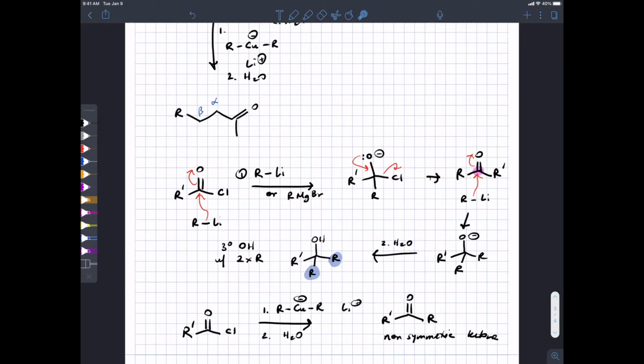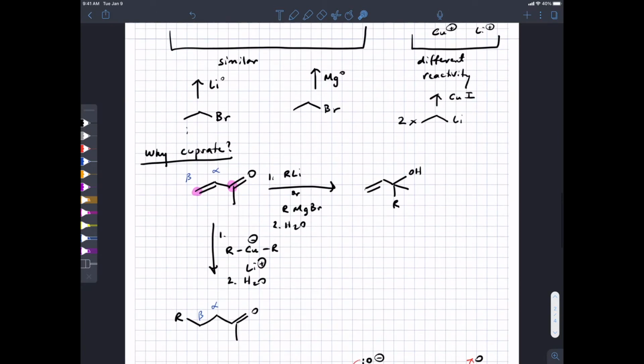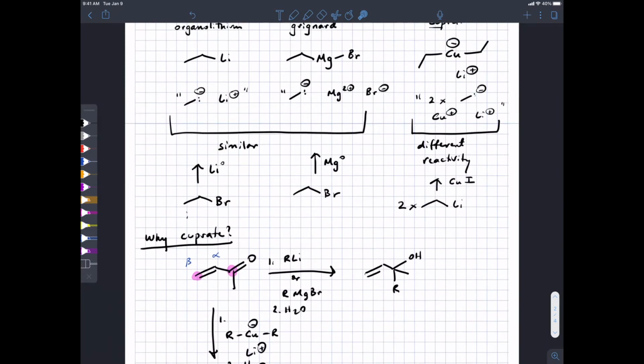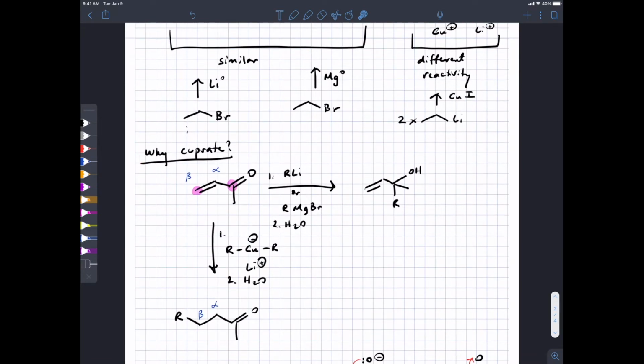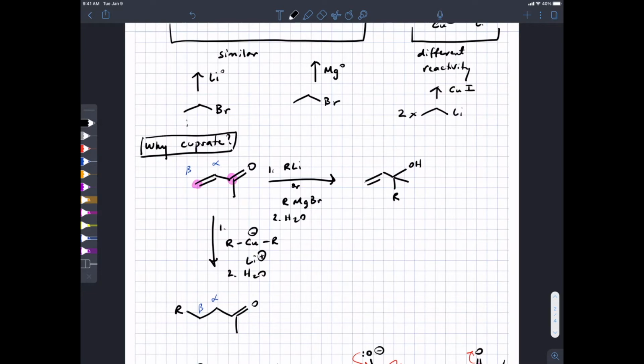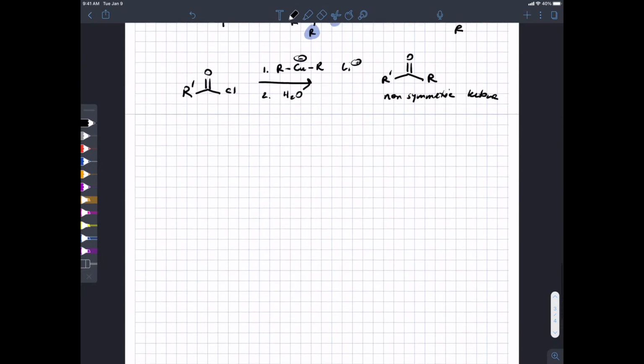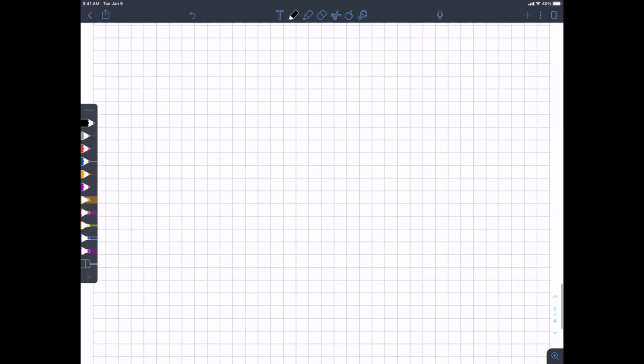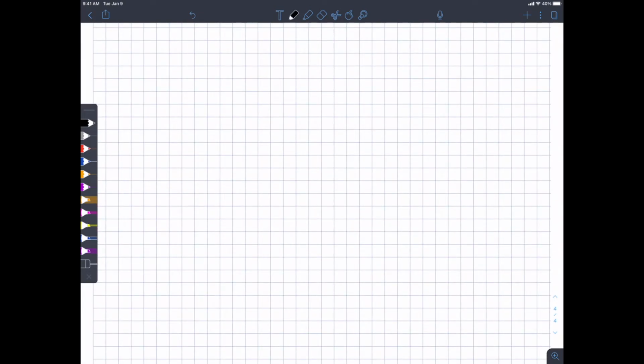All right. So, what have we seen? We've done an aside here because we've talked about cuprate reactivity versus organolithium and Grignard reactivity. But all of this is just variations on the same theme, right? So let's review with some specific examples, instead of just generic R groups, and let's have you predict the products.